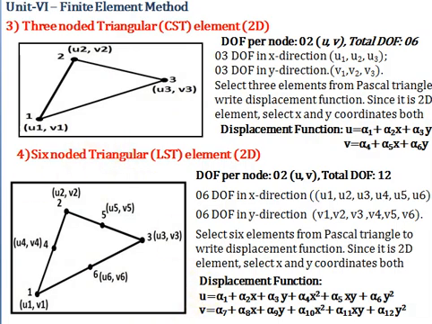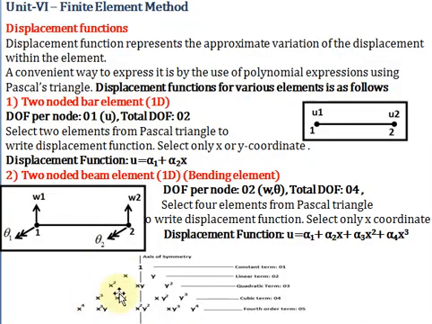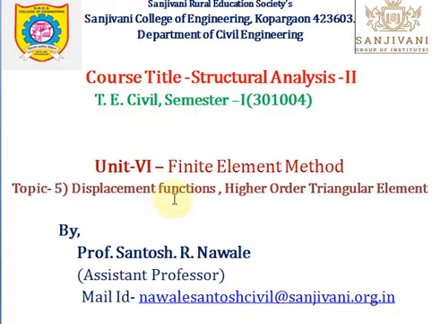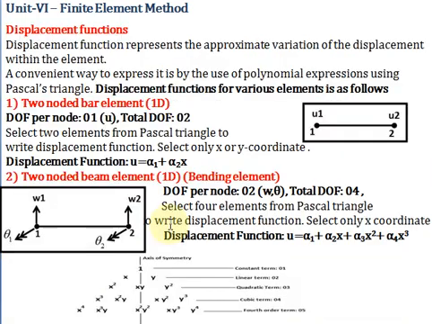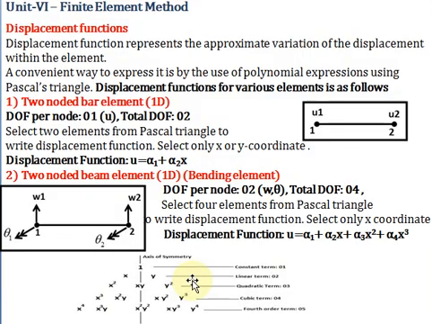So here we have 1, x, y. So u is alpha 1 plus alpha 2 x plus alpha 3 y, and v is alpha 4 plus alpha 5 x plus alpha 6 y. So 3 terms they have taken, one in x direction and second in y direction.